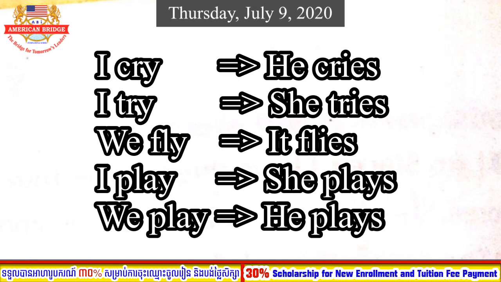I play, he plays. I play, she plays. We don't change Y to IES because the letter in front of Y is a vowel, A, not a consonant. We only change Y to IES when the letter in front of Y is a consonant, like the word try, fry, or fly, or cry.